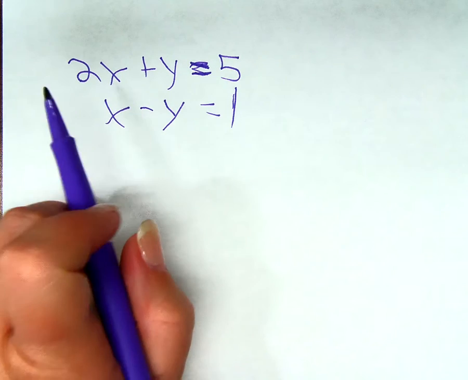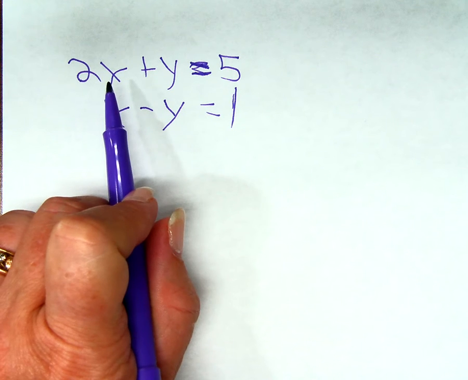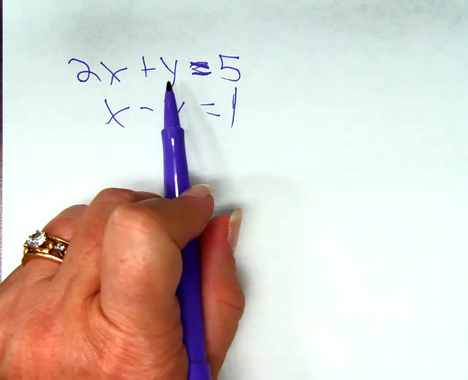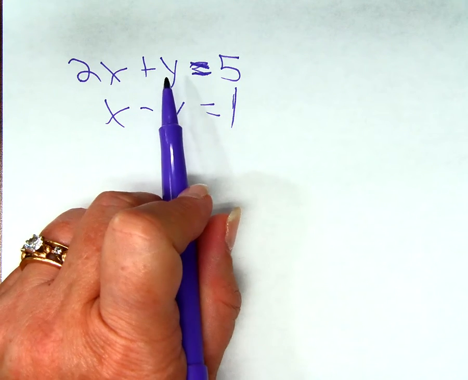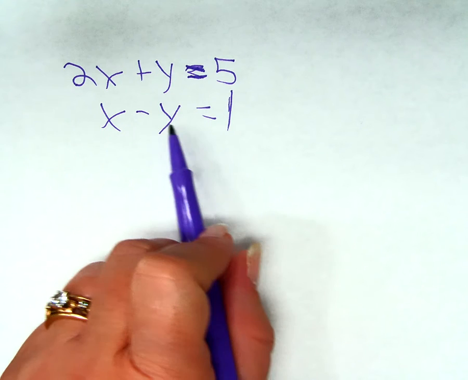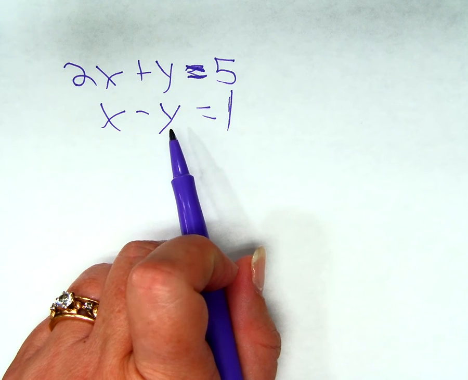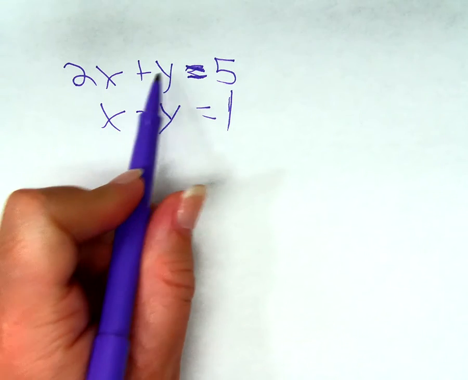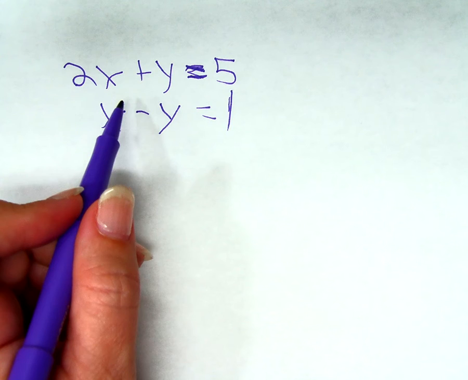This one, in this particular case, is not smarter to choose because it has a multiplier. Is this one smarter to choose? Yes, it's by itself. Is this one smarter to choose? Yes, it's by itself. Why is this one not smarter to choose? Because it's negative. So, of these two variables, does it matter which one I choose? No, it does not.